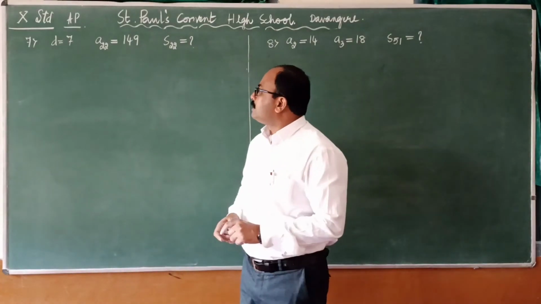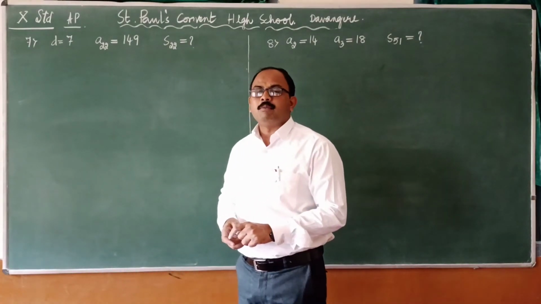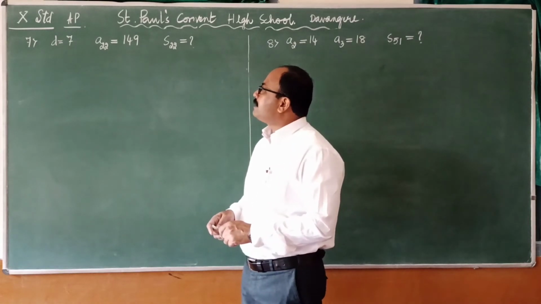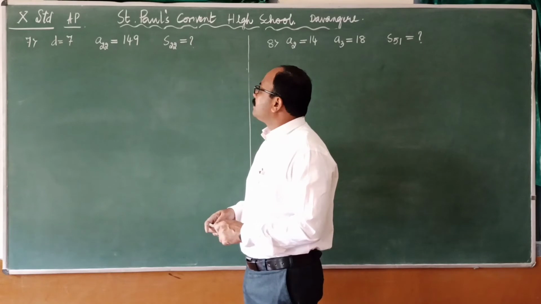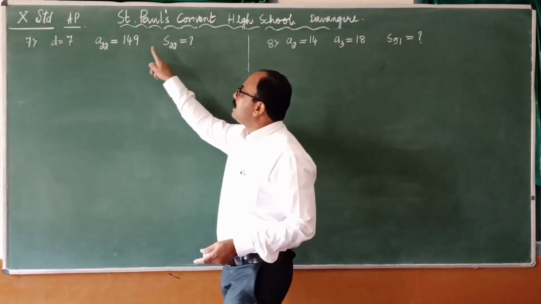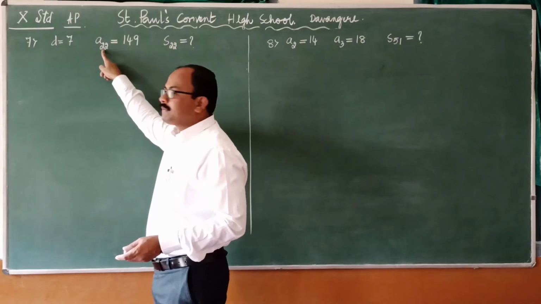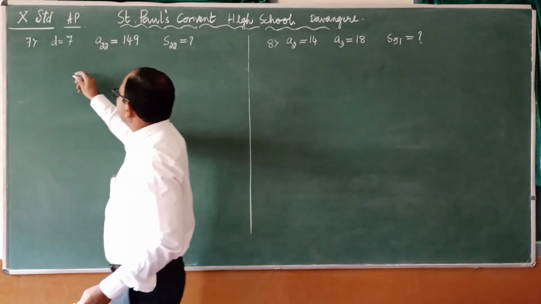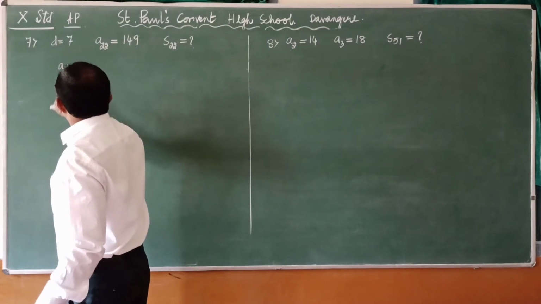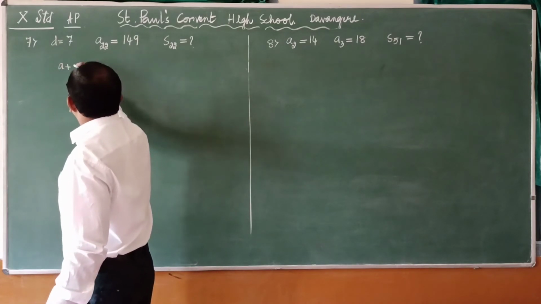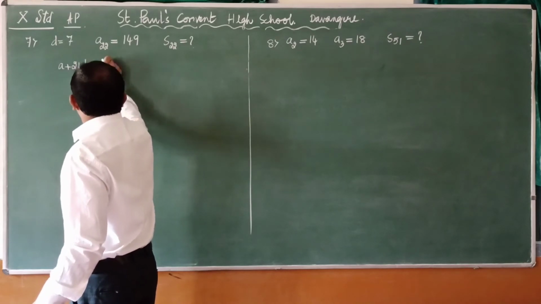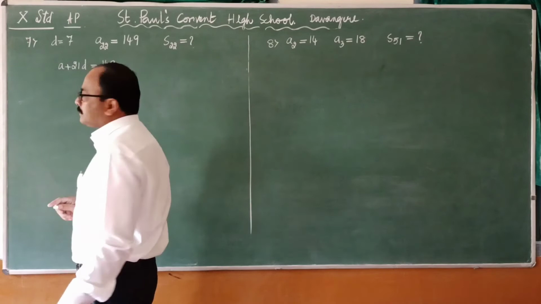Children, the seventh sum is like this. The common difference is 7 and the 22nd term is 149. Find the sum of 22 terms. The last term is given. Therefore, let's start with this formula, children. We know that a plus 21d will be equal to 149.